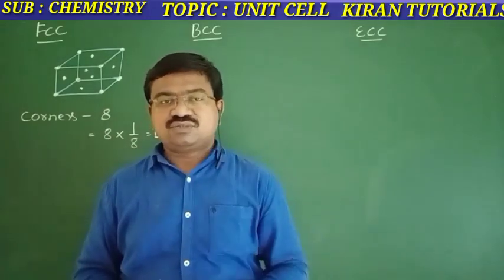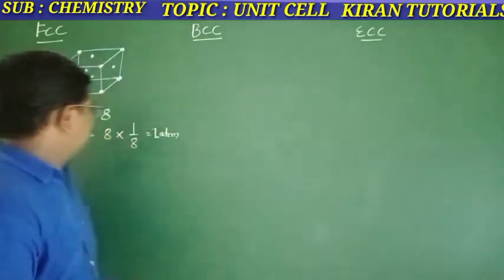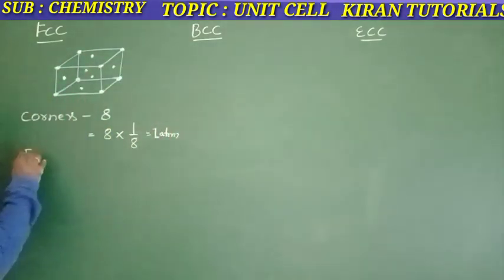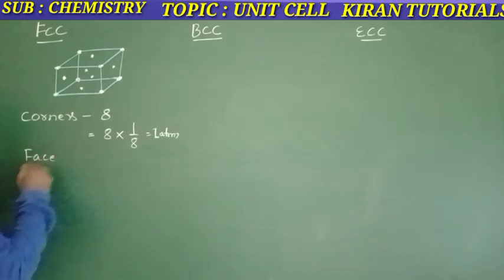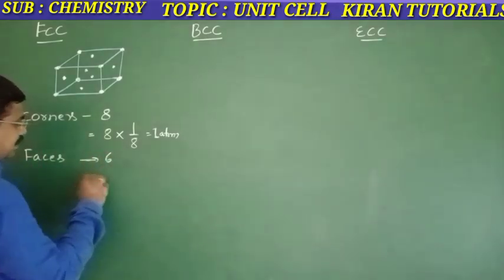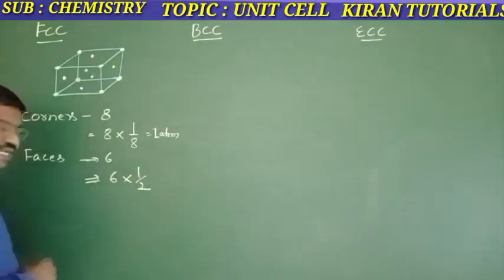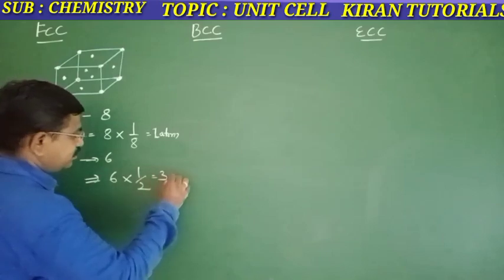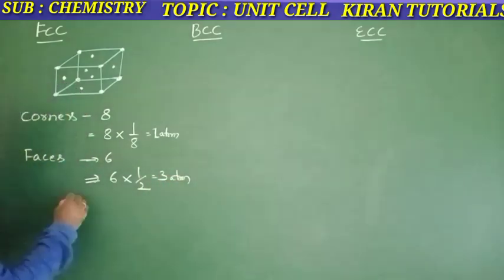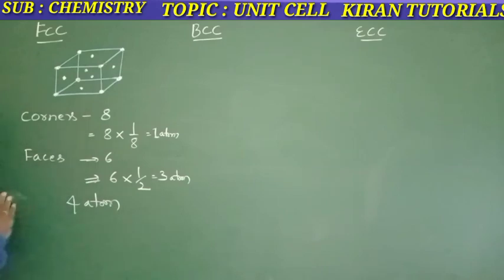So 1 atom is shared with 2 corners. So for the faces, 6 atoms are present, and these 6 atoms are shared with 2 sides, so 3 atoms. So total 4 atoms. 4 atoms are present in FCC.